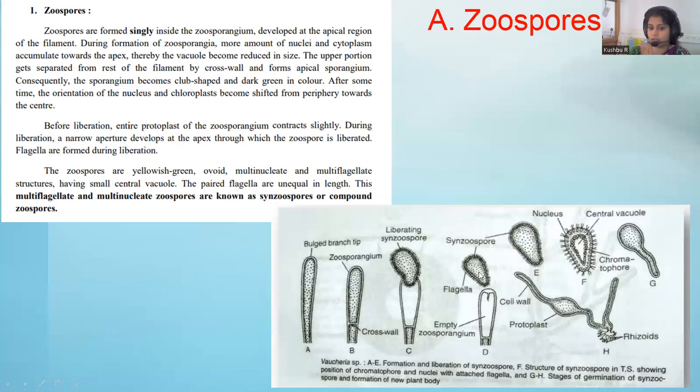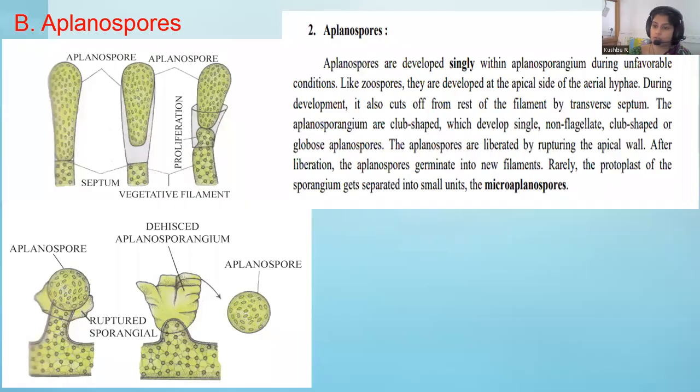For the synzoospore to become a new individual, there must be several layers formed inside, starting from the central vacuole, having numerous nuclei around it, chromatophores compactly arranged around it, and many flagella formed, that germinates and puts forth a new individual. That is called a zoospore.